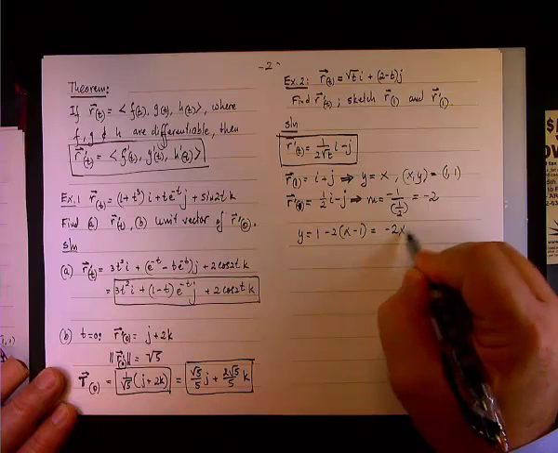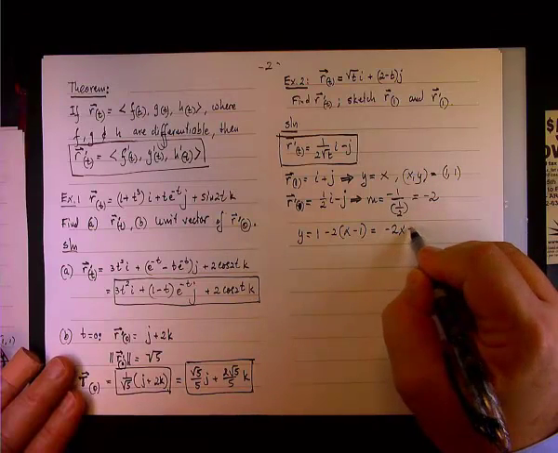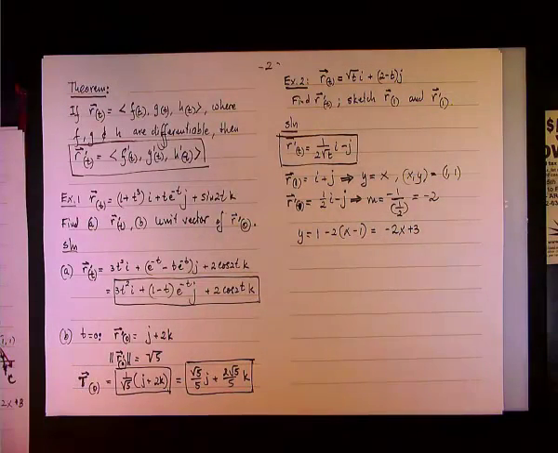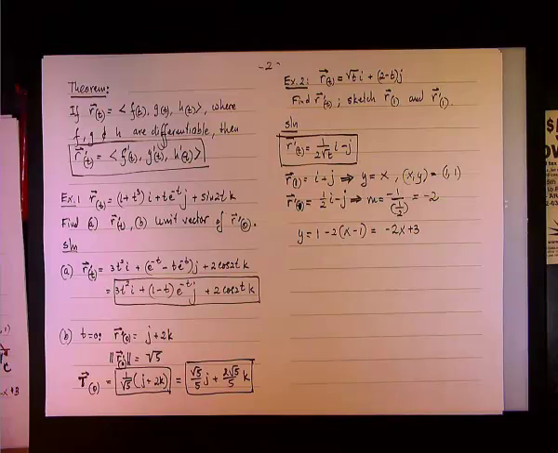So y equals 1 minus 2 times x minus 1, or it will be -2x plus 3. So having done this, we pretty much know what we look for.